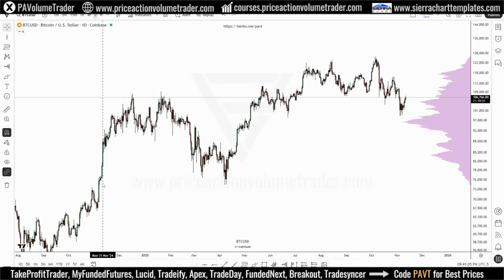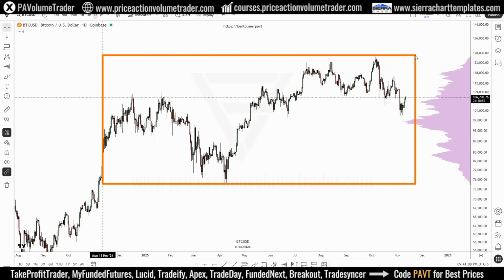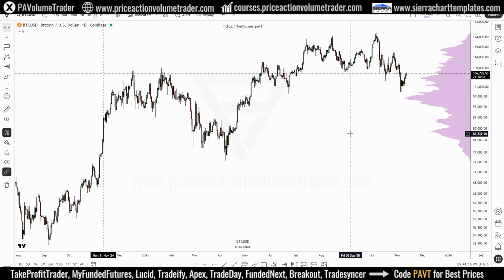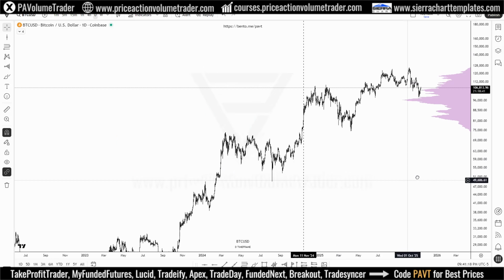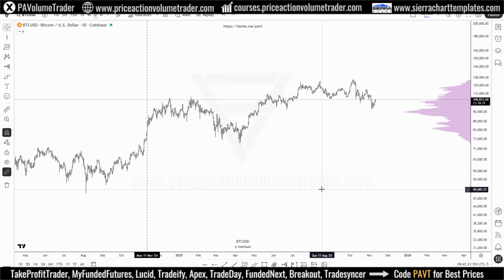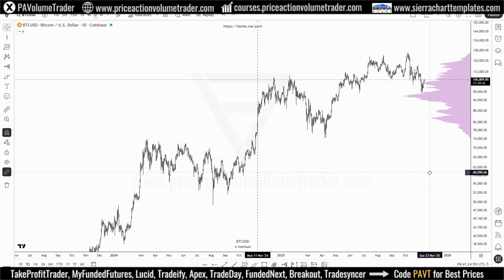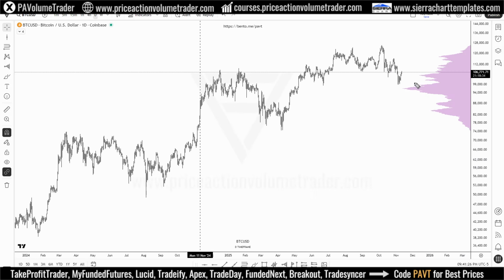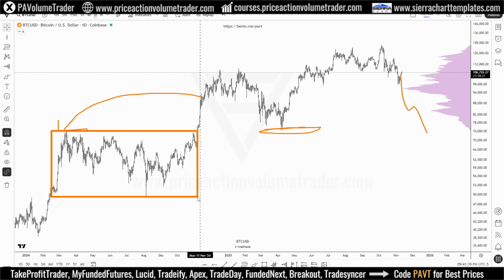So I'm pretty much covering this entire area of price being traded. If Bitcoin started having a really, really ugly downtrend and we were suddenly coming down to these lows, then I would pull this back here, because then I also want to include this consolidation on my profile.